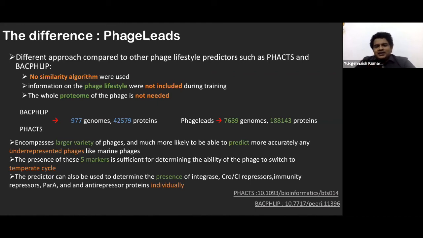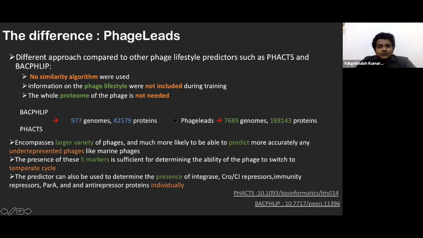And also, we did not use the whole proteome of the phages. Now, the major difference is the amount of data that we have used in our training. For example, in BACPHLIP and PHACTS, 977 genomes were used, which generated around 42,000 proteins. And in our predictor, we have used 7,689 genomes with more than 180,000 proteins.